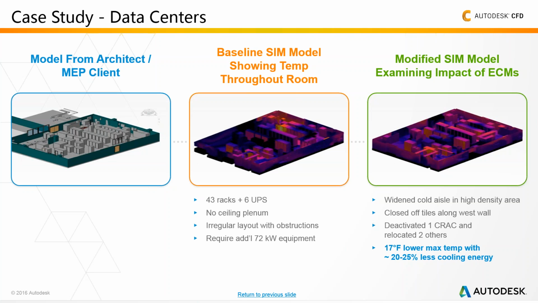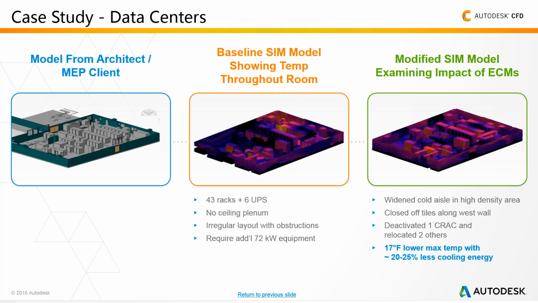So that's the result of that baseline analysis. You can see there the complexity of the model: 43 server racks, 6 UPS units, no plenum on the ceiling, irregular layout with different obstructions, so additional 72 kilowatts of equipment required there.